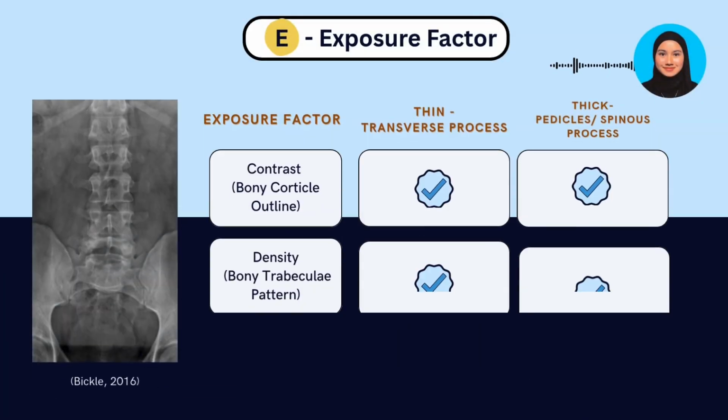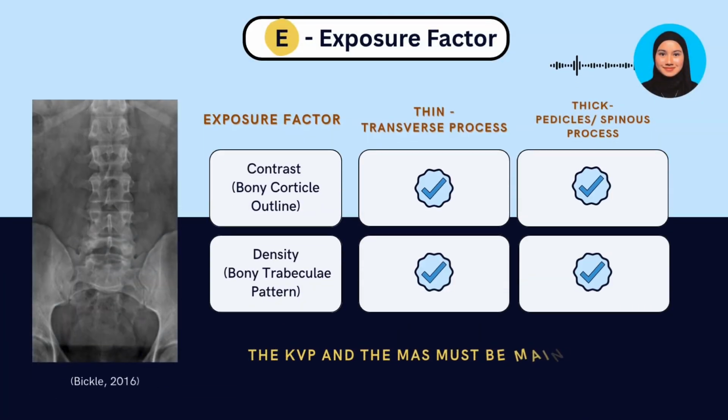Now, let's evaluate the exposure factors. The kVp is adequate for penetration and contrast because the thin structure, which is the transverse process, can be seen, and the thick structures, which are the pedicles or spinous process, can be seen.